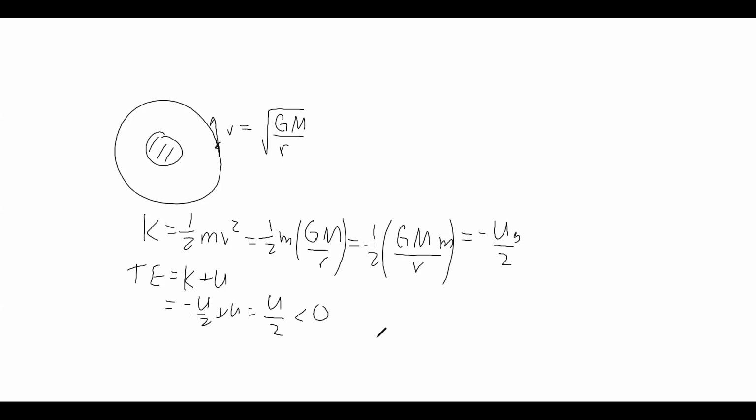So I've arrived at another interesting result that can extend to other areas of science. And that's the concept of a negative total energy. A negative total energy is indicative of what we call a bound state. So systems like this, conservative systems, feel attractive forces and the objects might be moving.